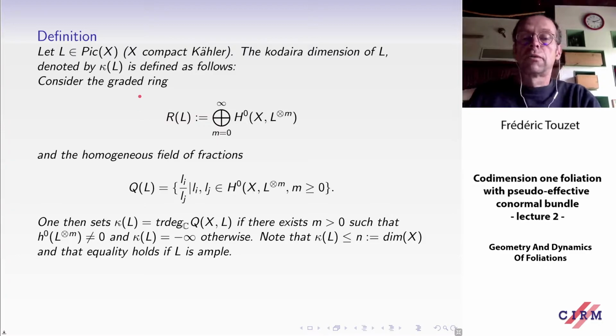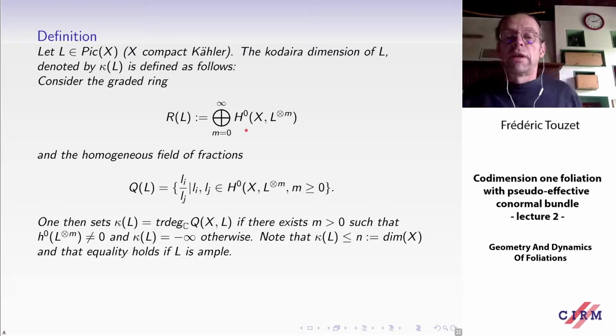So we consider the graded ring R(L), where each summand is the space of sections of a positive power of L. It has a natural structure of a graded ring.